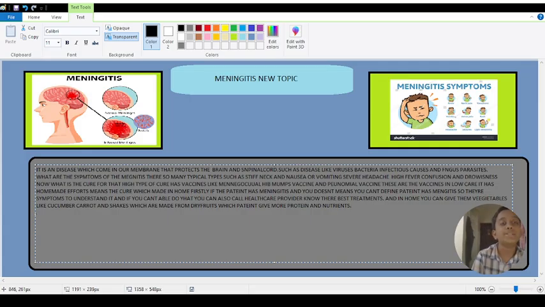If you can't understand the symptoms of the patient, you can call the healthcare provider from the hospitals or clinics and know their best treatments for your patient. And you can give some homemade help like vegetables such as cucumber, carrot, and shakes made from dry fruits, which give more proteins and nutrients to the patient.